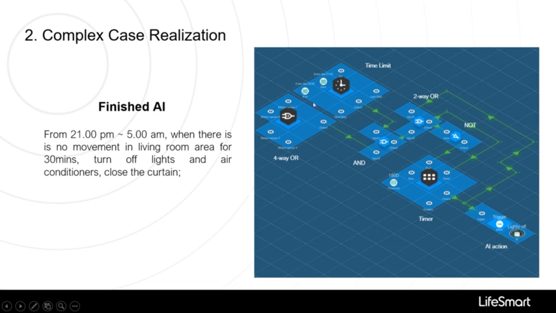Only when these two conditions are met will it trigger the timer to start counting. And after the timer, if the timer has an output, that means there's no one in the living room for 30 minutes, and it will trigger the actions of the devices, which is to turn off the lights.